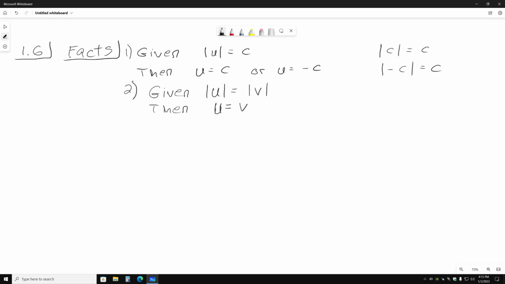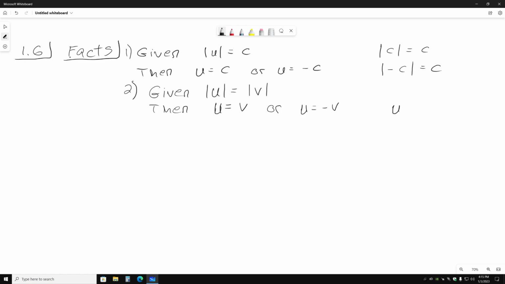But again, there's this other case where we say u can also equal negative v. And technically there are two more cases where you could say negative u equals positive v or negative u equals negative v. I'll write those off to the side.